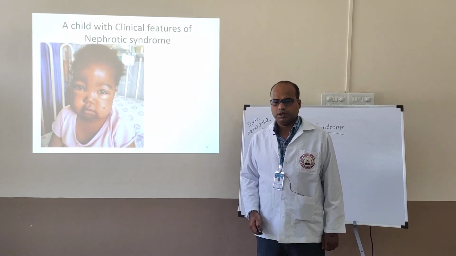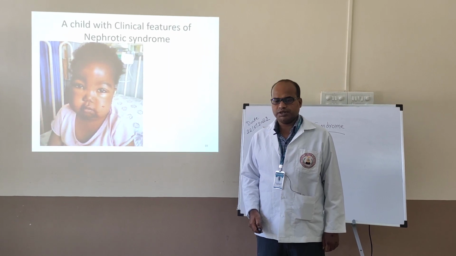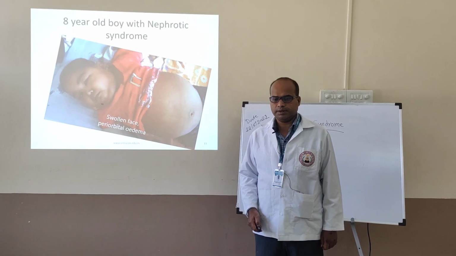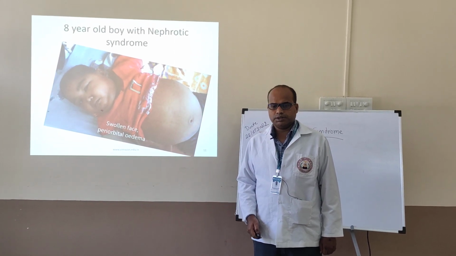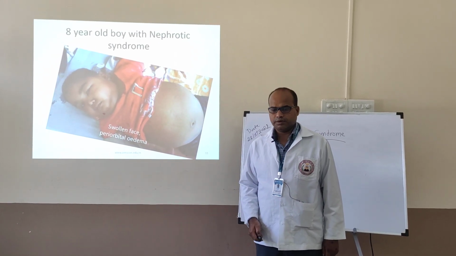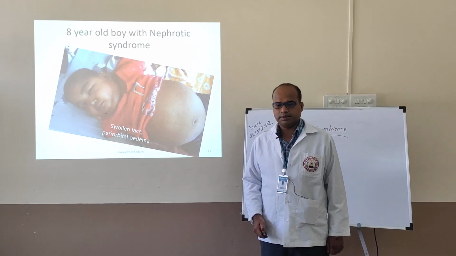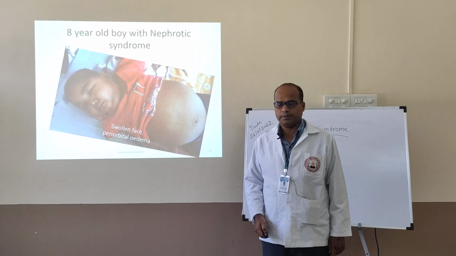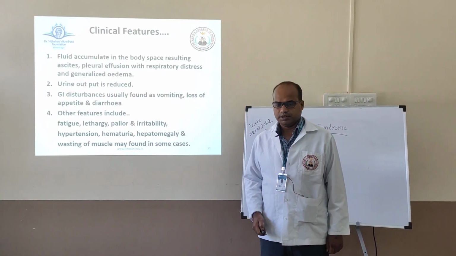Now this is a picture of a child suffering from nephrotic syndrome and showing facial puffiness and periorbital edema. An 8-year-old boy with nephrotic syndrome. Here we can see facial puffiness, periorbital edema, generalized edema, and ascites. The fluid accumulation has also taken place in the peritoneal cavity.